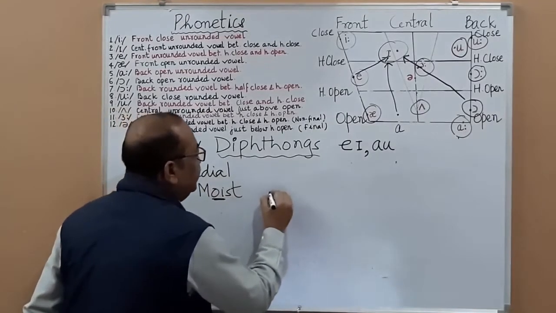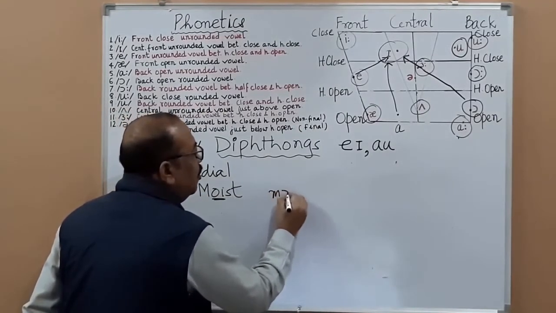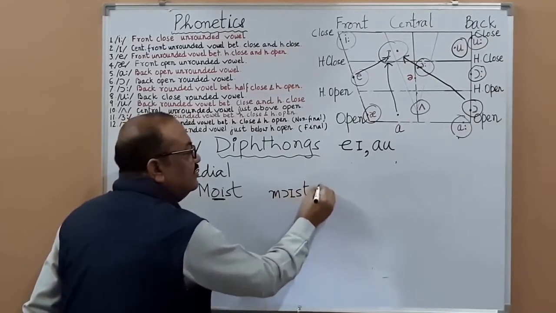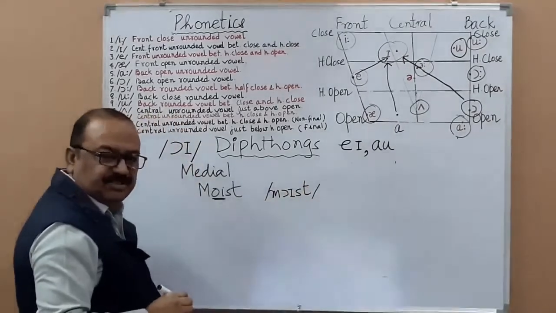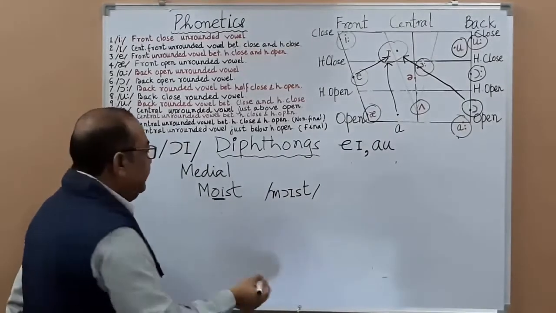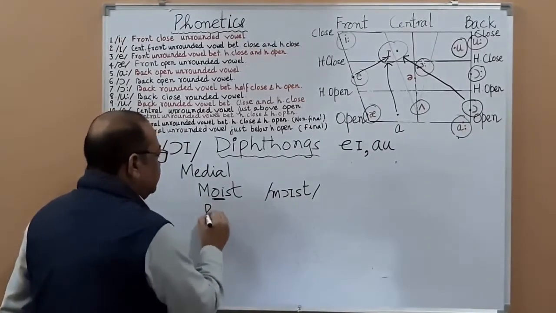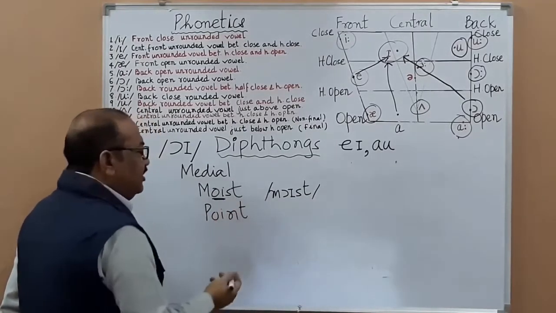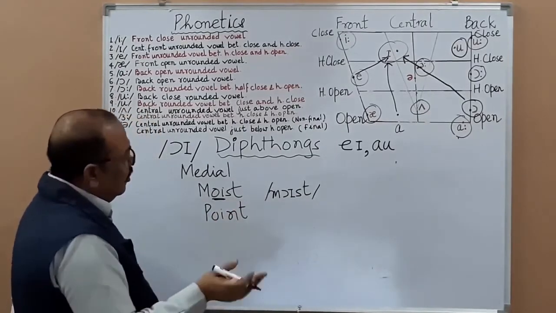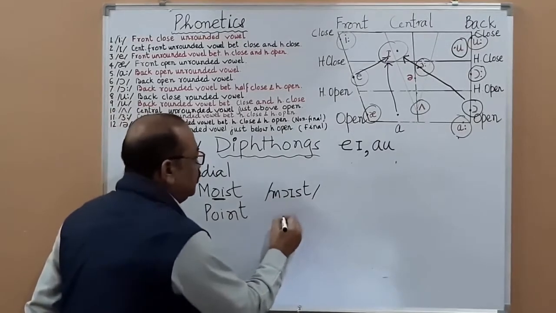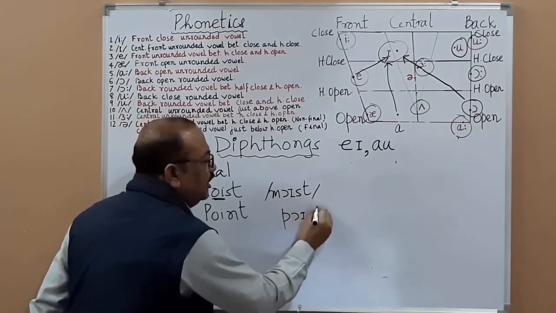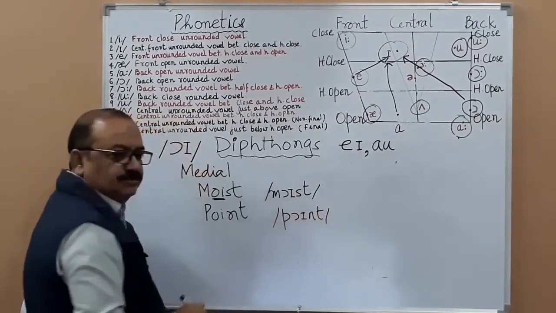So moist, how will you write? m, OE, s, t. Moist. Or say point, joint, coin. In all those words you have it. Point.